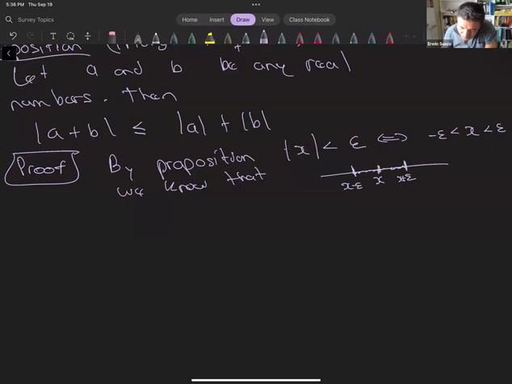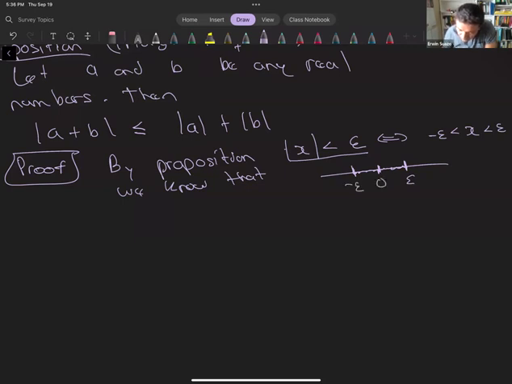So if the absolute value of x is less than epsilon... Oh no, that's wrong. Sorry. So yes, epsilon here, and minus epsilon, and this is 0.